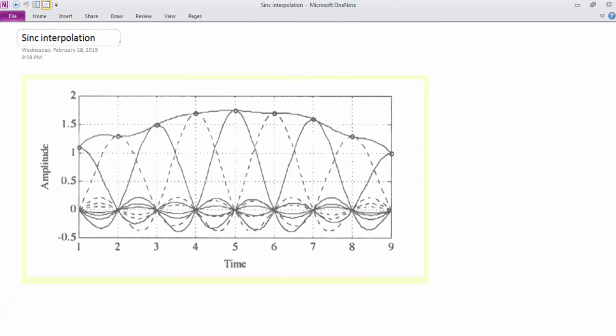This is what sinc interpolation looks like. You start with these samples. You are only given these samples. In your hardware, you have access to a few samples. And what you do is, with each sample, you put a sinc at the location of the sample, and the height of that sinc is proportional to the sample value.